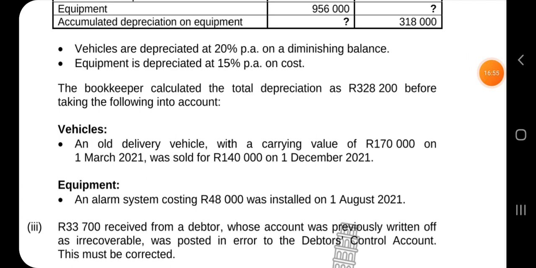They said an alarm system costing 48,000 was installed on the 1st of August 2021 during the financial year. So we have to calculate: it was installed on 1 August, so August, September, October, November, December, January, February. That is exactly 7 months. So we had the alarm system for 7 months, and equipment is depreciated 15% per annum on cost.